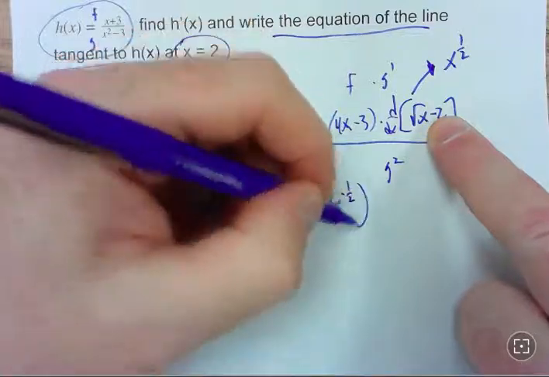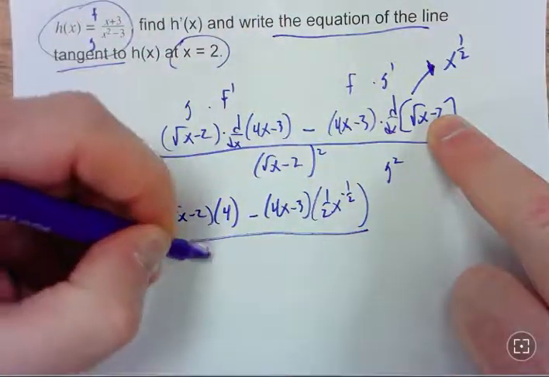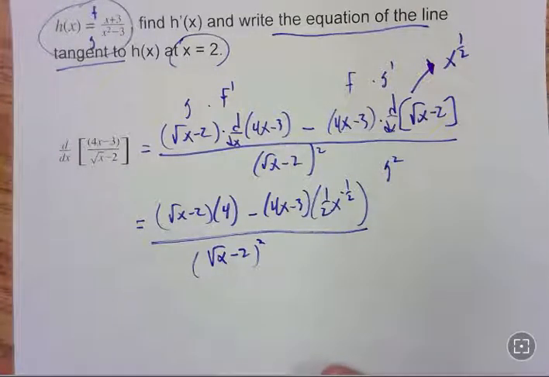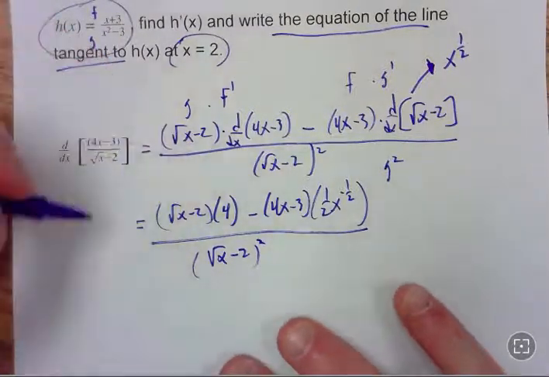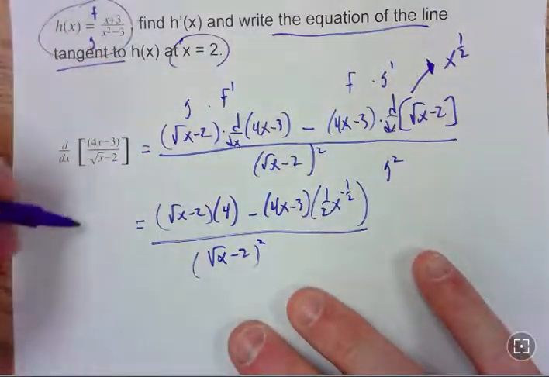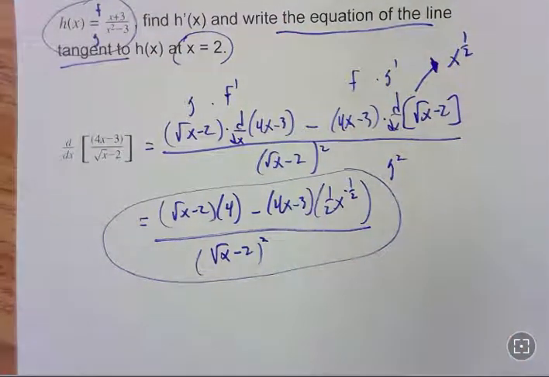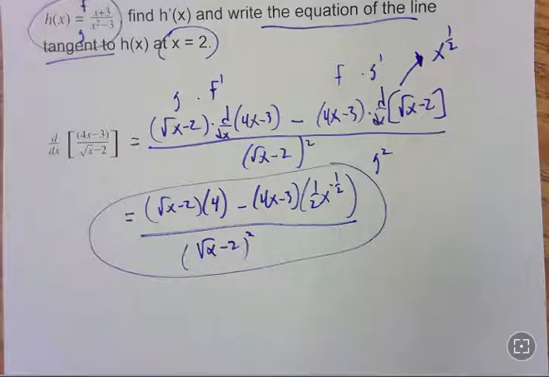And the derivative of 2 is 0, all over the square root of x minus 2 squared. And that would be it. That would be the derivative of this function. Now, depending on the directions of your problem, you may or may not want to simplify this. But just take great care if you do simplify it. Okay.